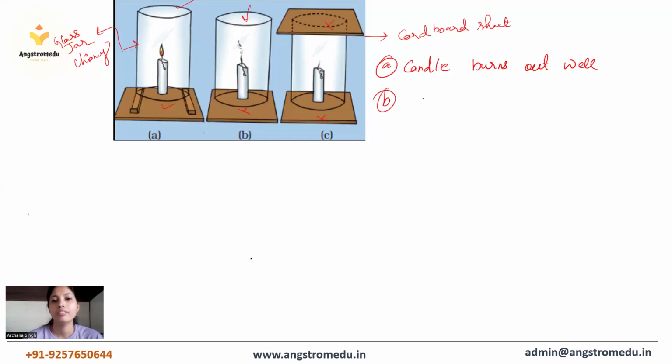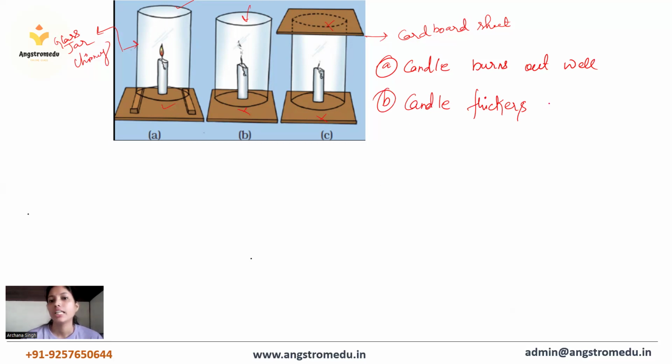In the second one, the candle flickers. Have you seen birthday candles? If someone blows, it makes a popping sound and then blows off. That is flickering.